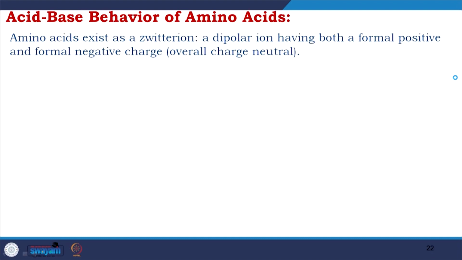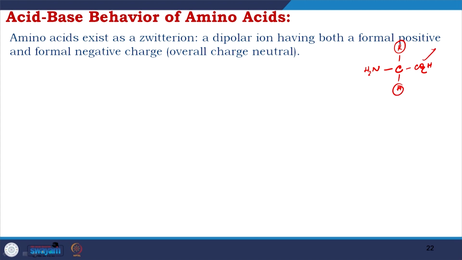Coming to the acid-base behavior, amino acids exist as a zwitterion, a dipolar ion having both a formal positive and formal negative charge. Remember, I talked about amino acid meaning carbon, NH2, CO2H, R group and hydrogen.